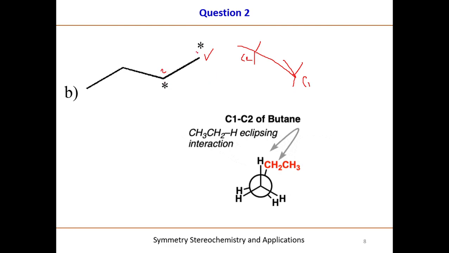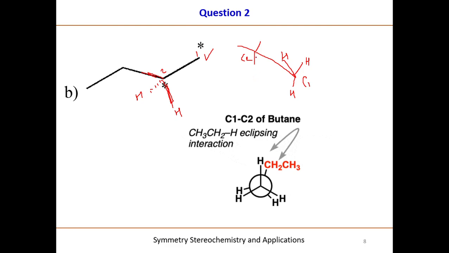C1 has all hydrogens here. First you have to draw in this way, then it will become easy to understand. See, you have to draw hydrogen on all three positions of the first carbon. Now on the second carbon you can see this upside bond has the ethyl group, and this is a plain side, and that means on the back side we have hydrogen, and upside also we have hydrogen on the wedge.